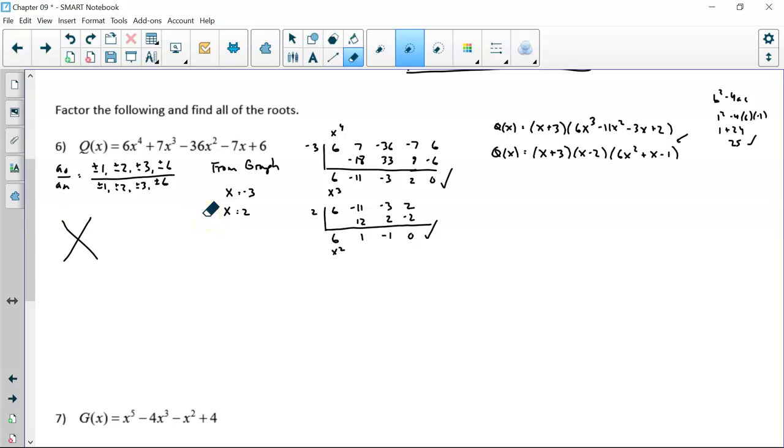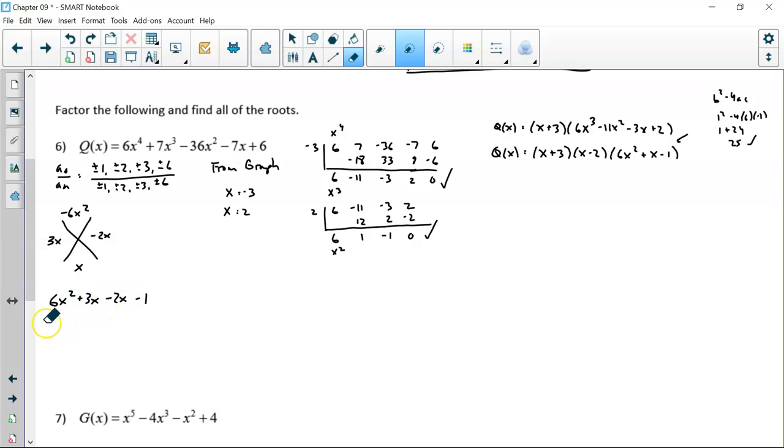So now, just over here, I have a little bit more room. Multiply the first and last, I get a negative 6x squared. The middle term is a positive x. So to multiply to negative 6 and add to 1, I get a positive 3x and a negative 2x. So I have a 6x squared out front, negative 1 at the end, and in the middle, positive 3x and a negative 2x.